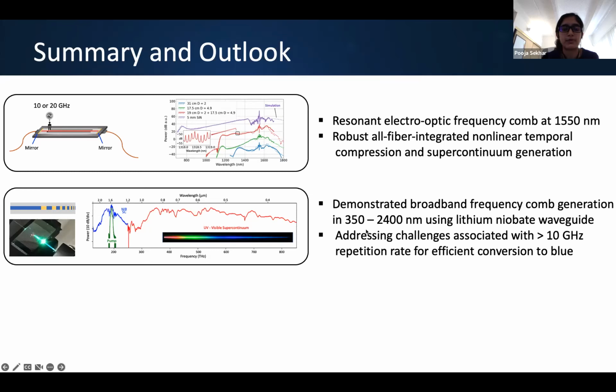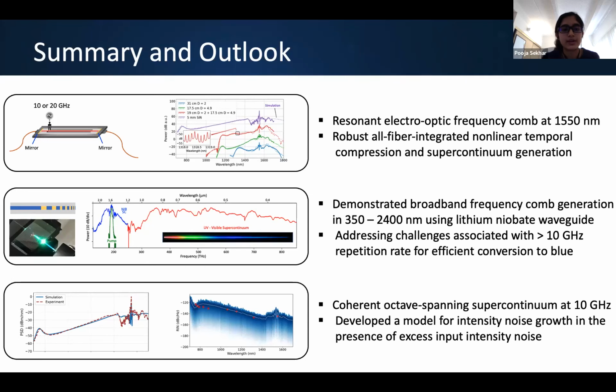And we are still trying to address the challenges associated with these high repetition rate combs to generate a continuous broadband source in the wavelength range of interest from 350 to 550 nanometers. And also we looked at an important factor to be considered, that is the broadband noise between the comb lines and how we can efficiently understand and mitigate it.